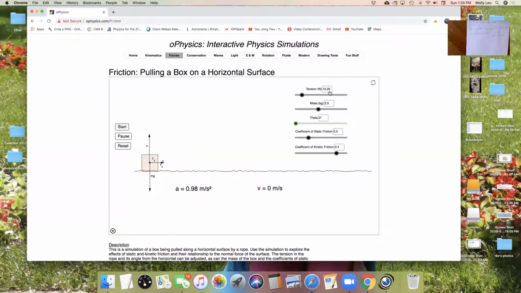So let's reset it. Once again, at 12.24 newtons, the object is not moving. At 12.25 newtons, the object is moving.